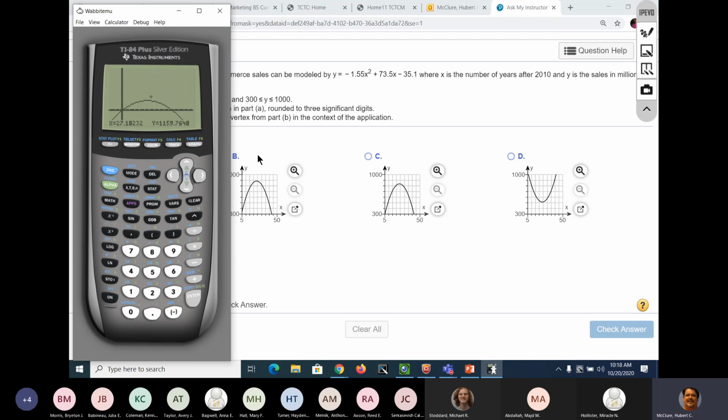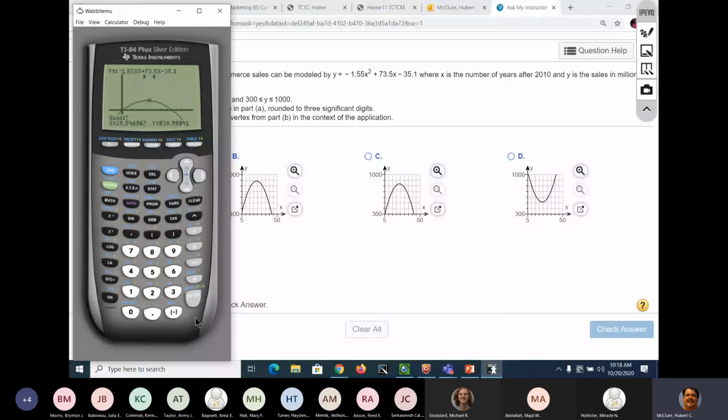Now we know the y-intercept is negative 35. And the x-intercepts, we don't know those. We can find them, but I want that vertex first. You get y is equal to maximum, and move to the left, and move to the right, and the center.